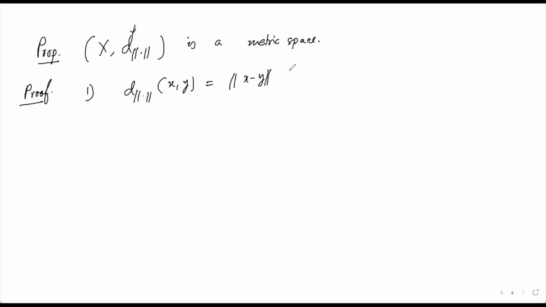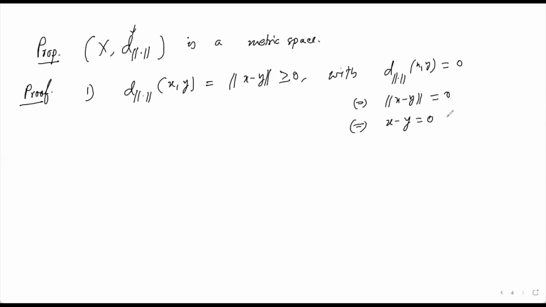Now equality holds: d sub norm of x comma y is equal to 0 if and only if norm of x minus y is equal to 0, and norm of some vector is 0 if and only if the vector is 0, that is x minus y is equal to 0, and this is if and only if x equal to y. Therefore this function satisfies positive definiteness.